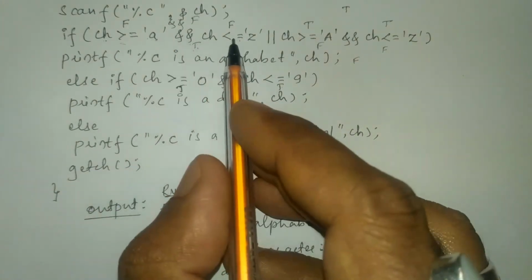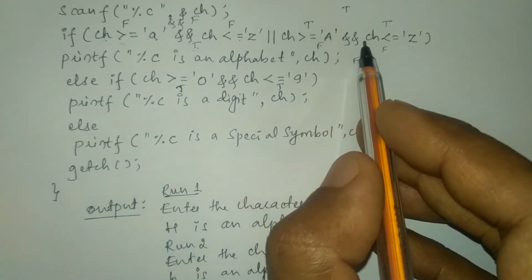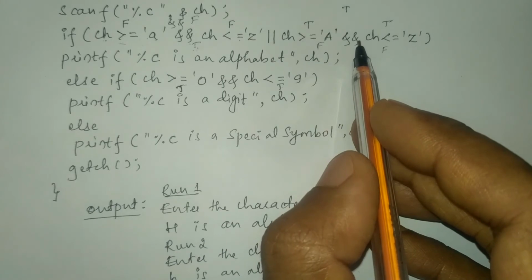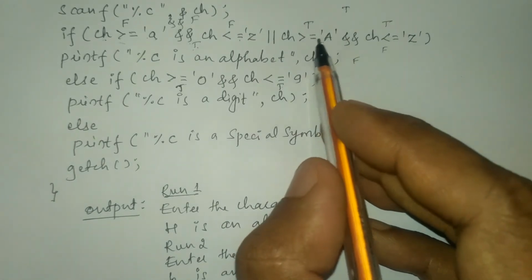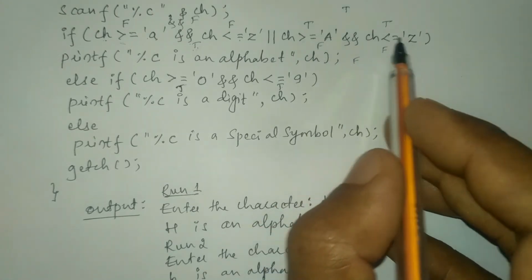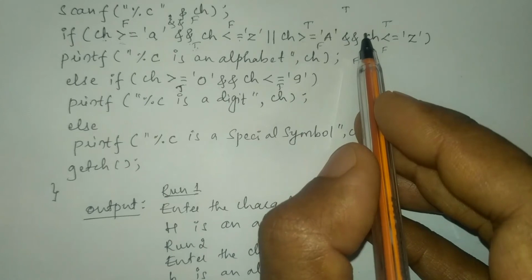No, it is false. And ch is greater than or equal to uppercase letter A and ch is less than or equal to uppercase letter Z? No. So here question mark does not lie in between both of these two alphabets. Hence this condition will be false.